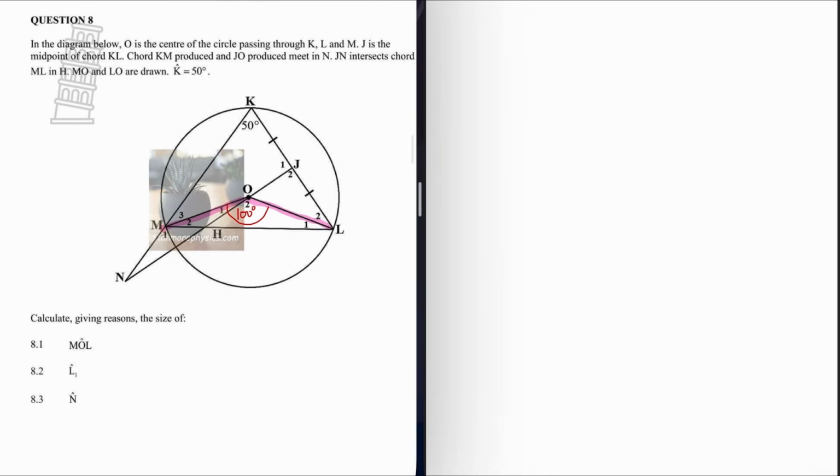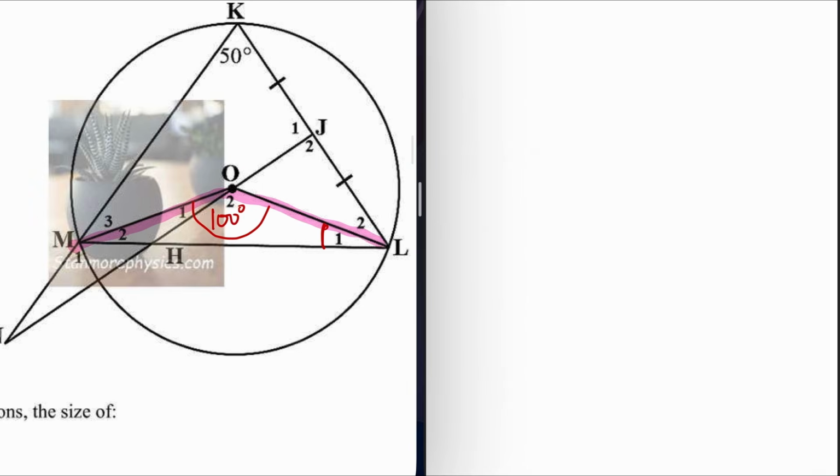Next, calculate angle L1. So angle L1 is this angle here. So because OM and OL are radii, it means that triangle MOL is going to be an isosceles triangle. It means that M2 is going to equal L1.